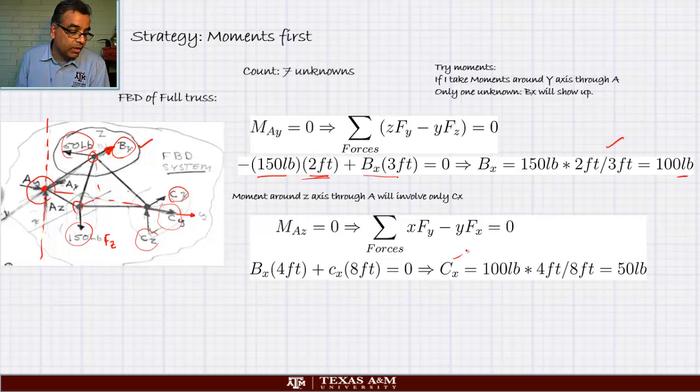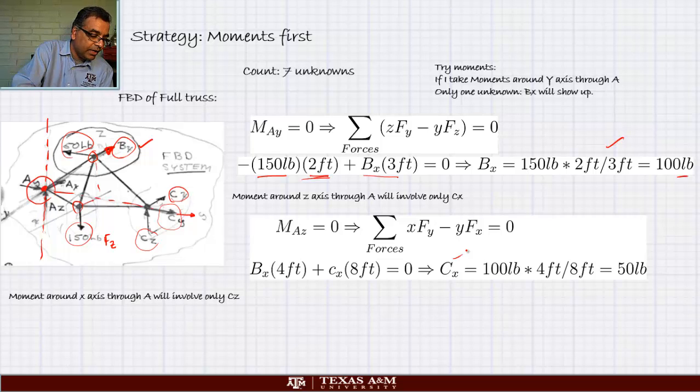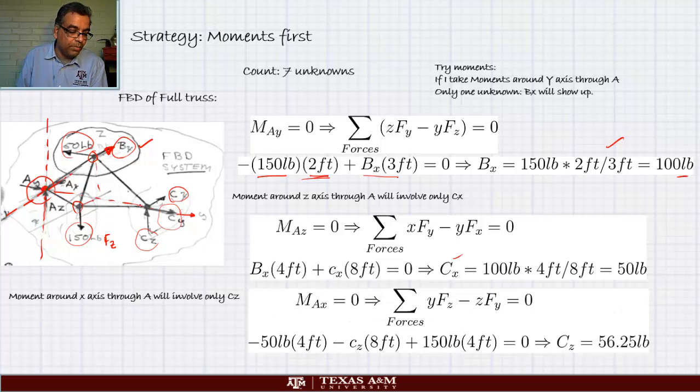Okay. What else could you do? Well, I've already taken z moment, I've already taken y moment. Let's take x moment. And then I'm going to take moments around this axis. If I take moments around this axis, all of these things are off-axis forces, but only some of them will show up, and it's pretty easy. I got Cz.